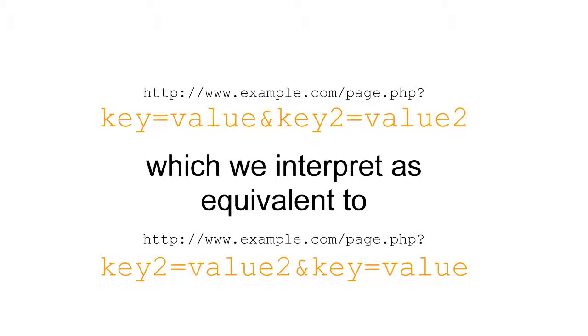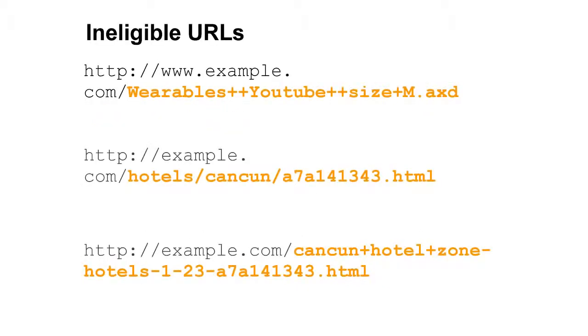What it looks like is key equals value and then perhaps an ampersand and then key2 equals value2. And Google, when we see these parameters, will treat this URL as equivalent to this URL because the ordering of the parameters doesn't matter.